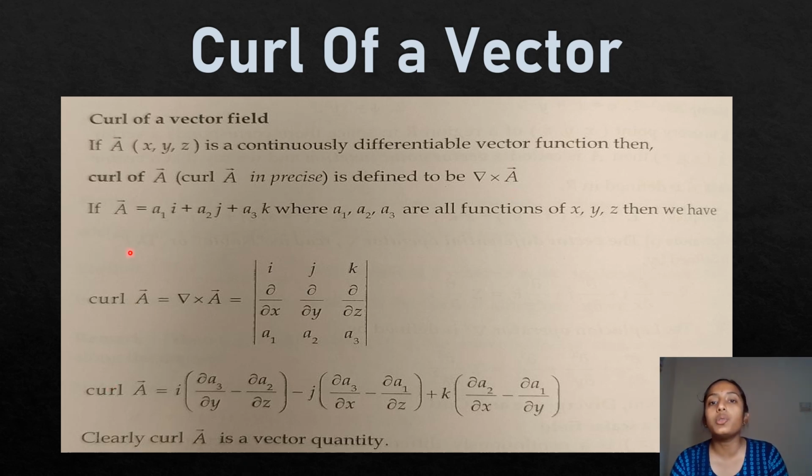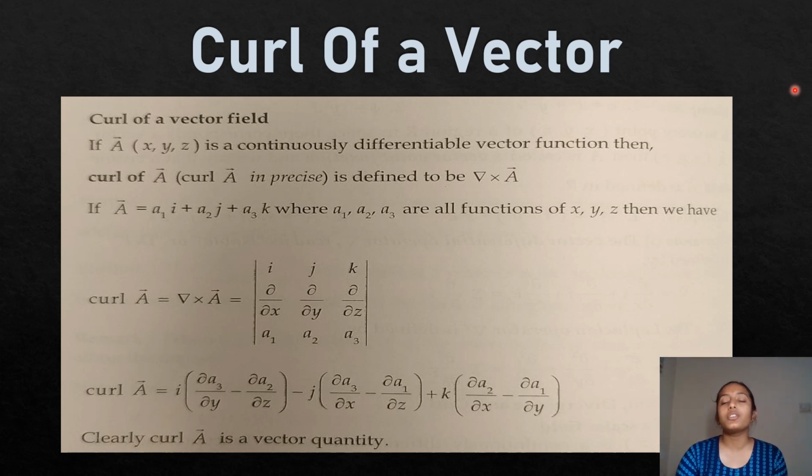If we look into the explanation of the topic, vector A is considered just like the previous time, A1 i cap, A2 j cap and A3 k cap, where A1, A2 and A3 are all functions of x, y and z. The curl of A is represented as del cross A. We use determinants over here: the i, j, k components in the first row, the partial differentiation operators with respect to x, y and z in the next row, and the magnitudes A1, A2, A3 in the third row.